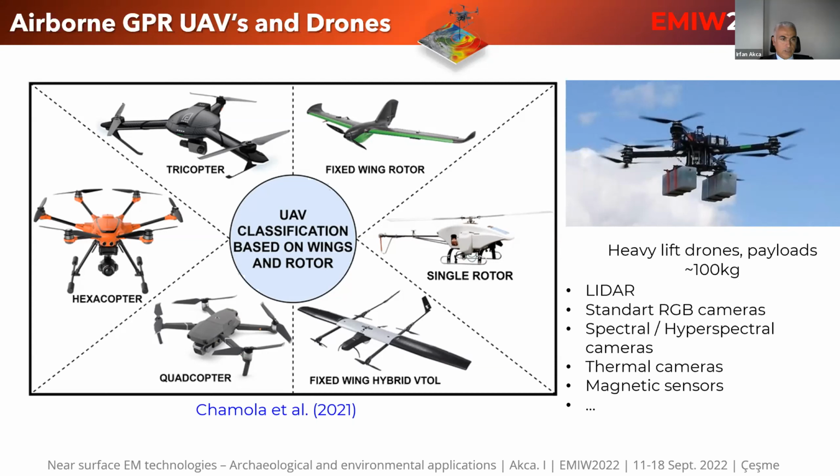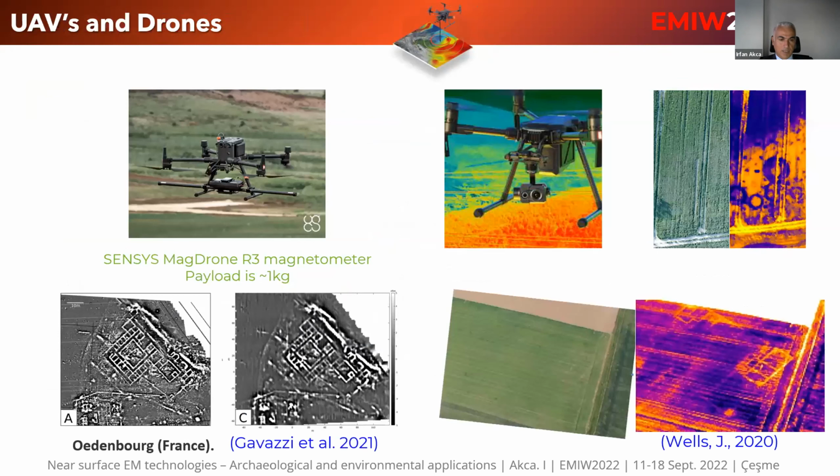There are some UAVs or drones which may carry payloads of 100 kilograms, which you see in the top right picture. They are also used in delivering parcels. There are a lot of application areas of the drones.